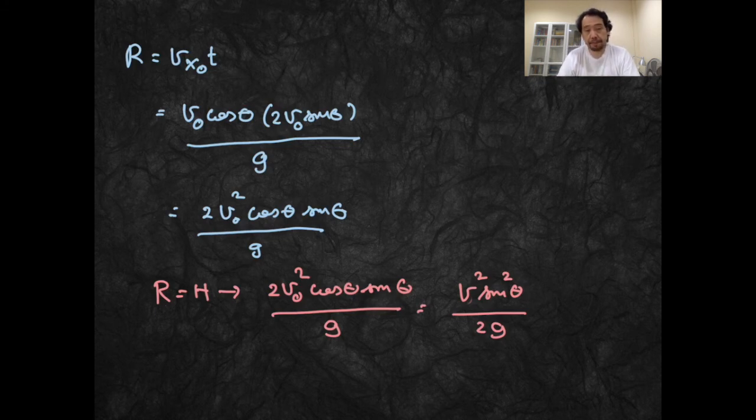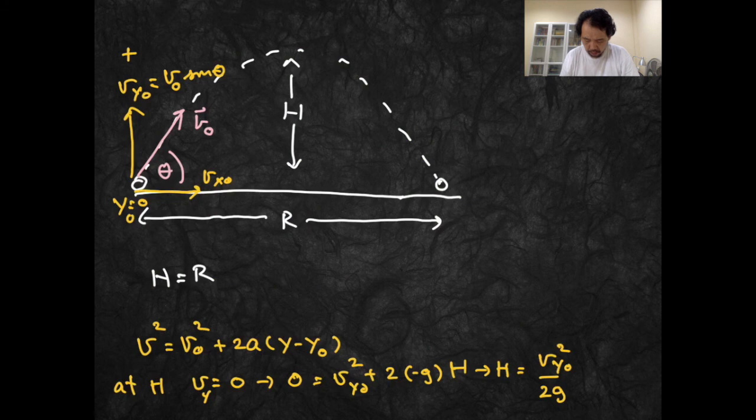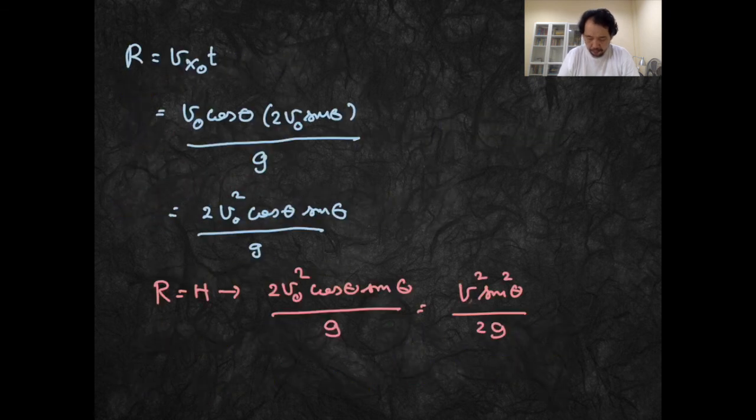Okay. Check this is correct. You can see that g cancels, v0 squared here cancels, and this sine and this sine cancel.